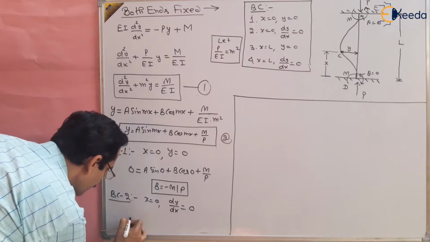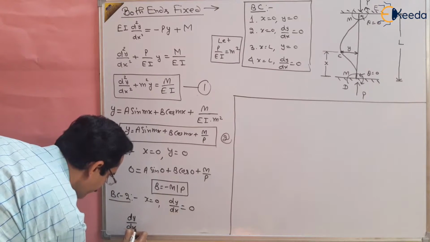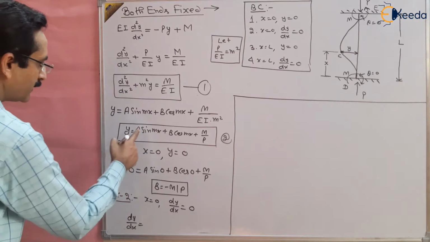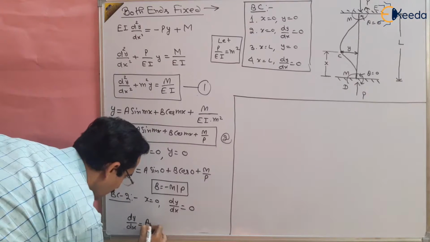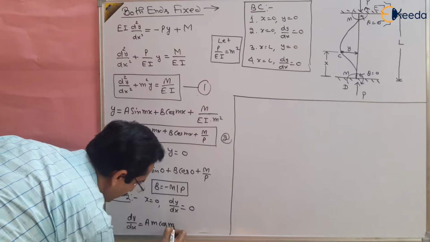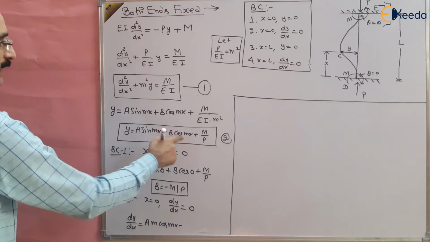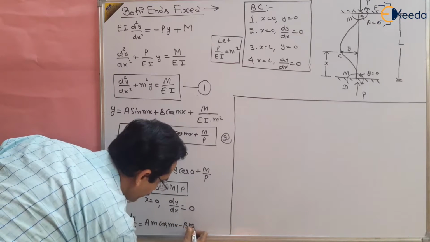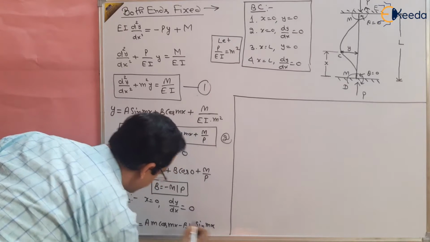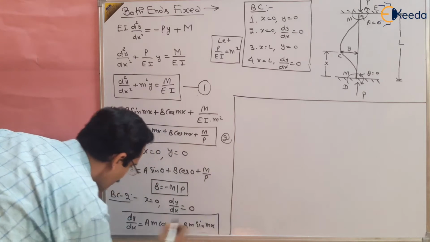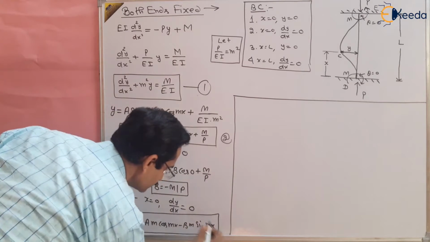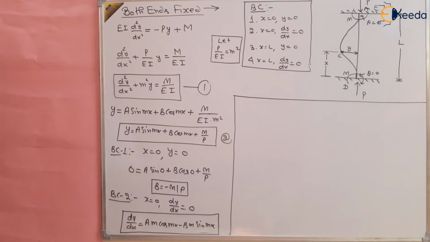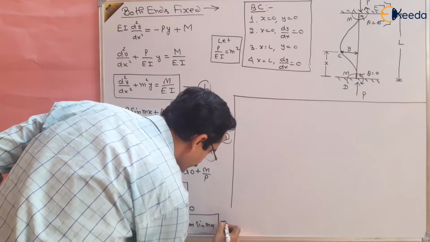From here, dy by dx will be equal to am cos mx minus bm sin mx. So this is the slope of this equation y.